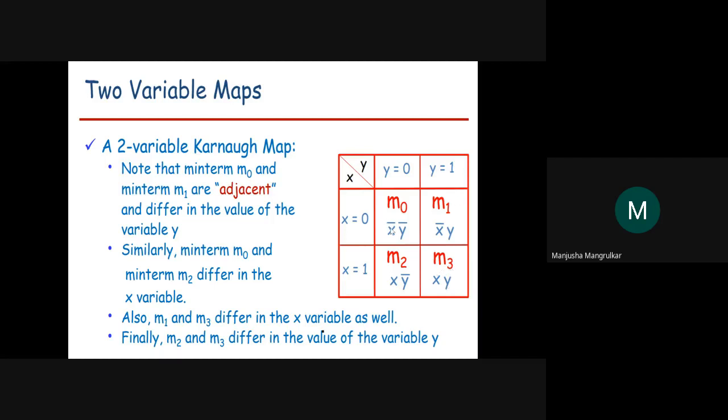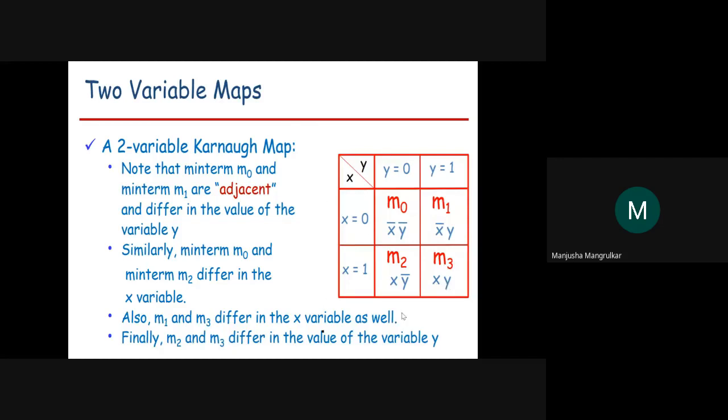Now how will we represent these terms? This term is x complement, y complement. Here it is x complement y, because x is 0 and y is 1, right? Here it is x y complement, since y is 0, right? Here both are 1, x is 1 and y is 1, so what will it be? X and y.